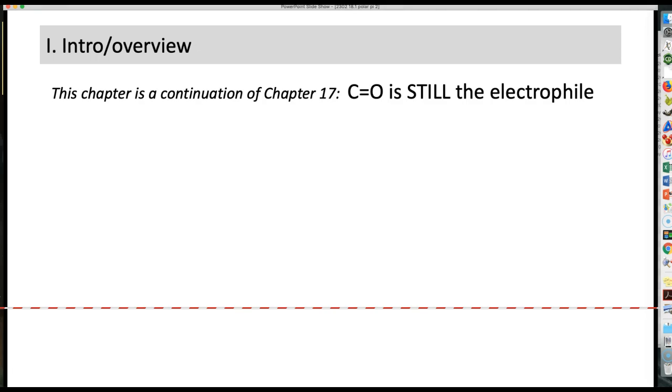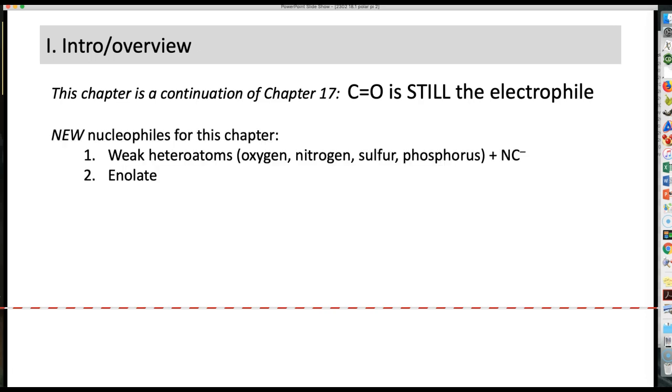As I've already mentioned, the C=O double bond is still the electrophile all chapter long. But our new nucleophiles are nucleophiles that have heteroatoms, like oxygen, nitrogen, sulfur, phosphorus, and we will see that the cyanide anion is a good weak nucleophile for adding to the C=O double bond.